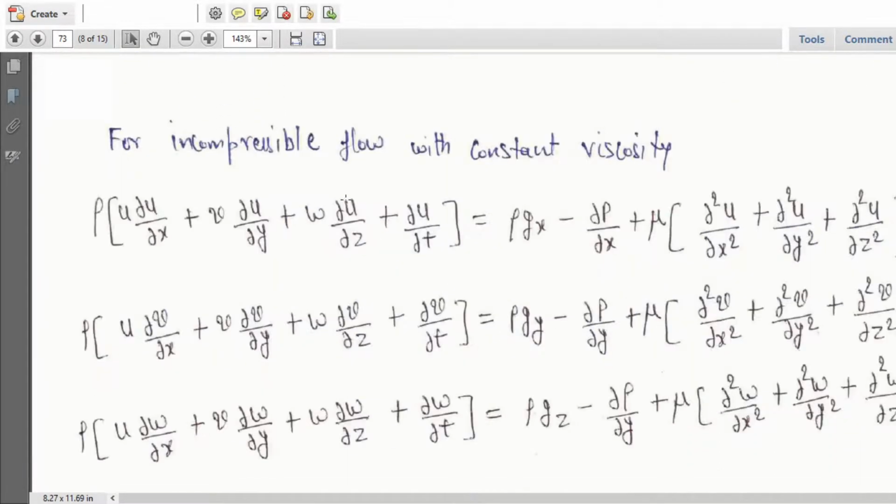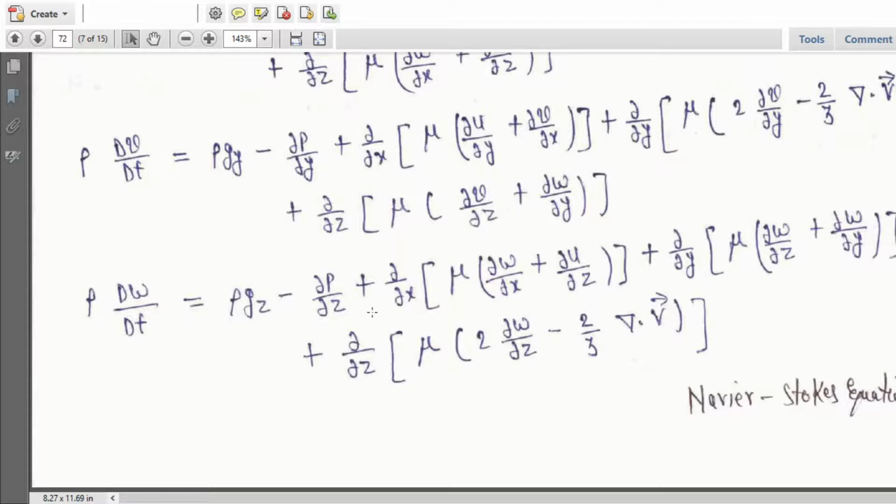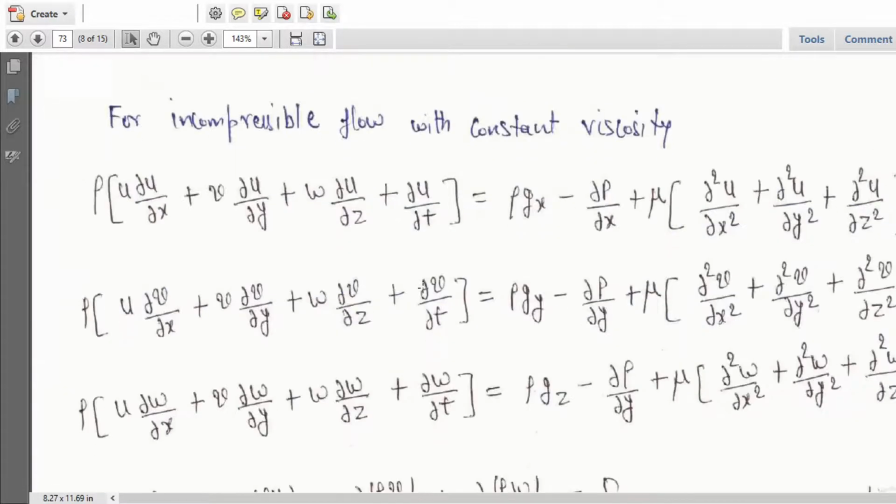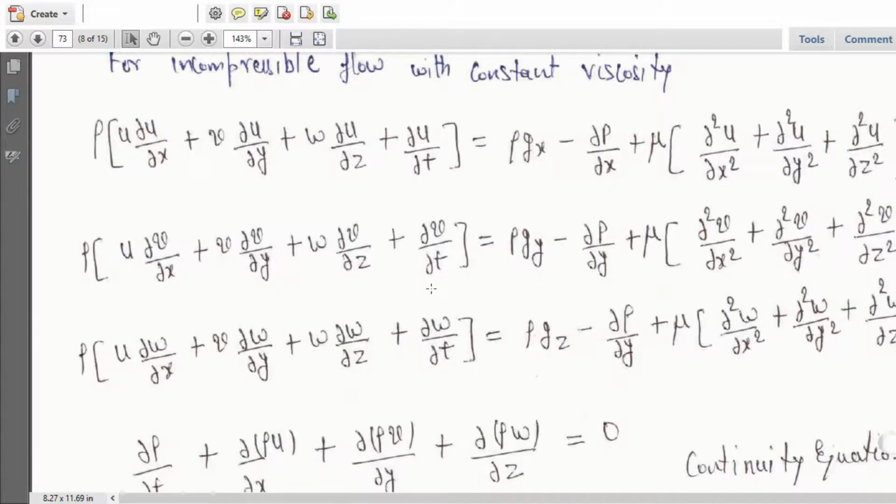Now these can be simplified further. For incompressible flow with constant viscosity, in that particular term this del dot v term would be equal to 0. This will come from continuity, and therefore this equation can be simplified to this particular format.